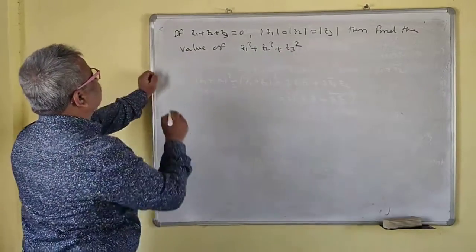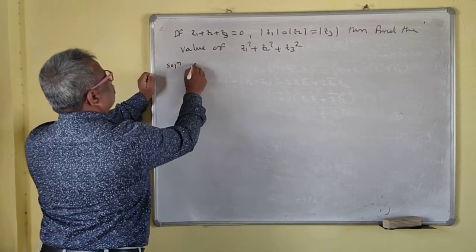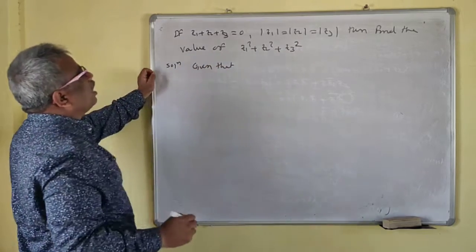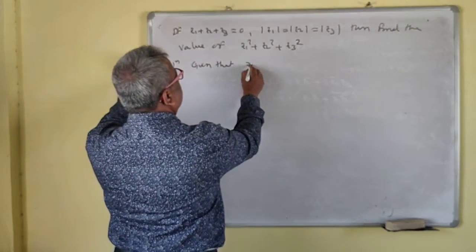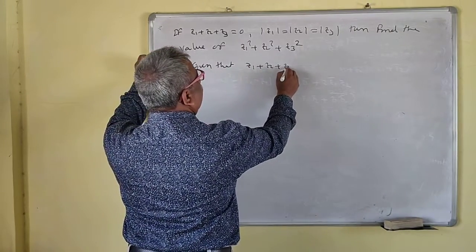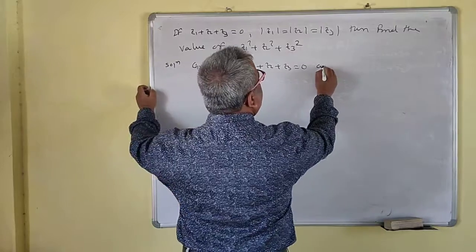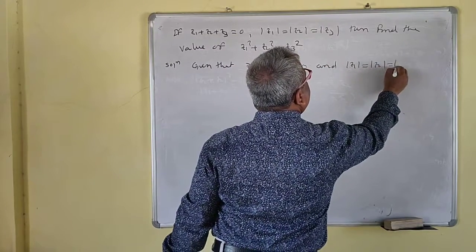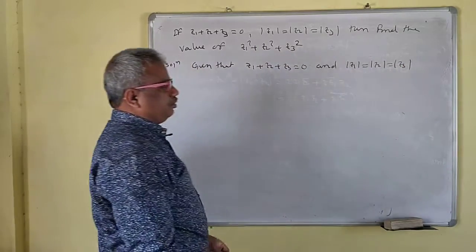You have to find the value of this one. Okay, solution. Given that Z1 plus Z2 plus Z3 is equal to 0 and mod of Z1 is equal to mod of Z2 is equal to mod of Z3.